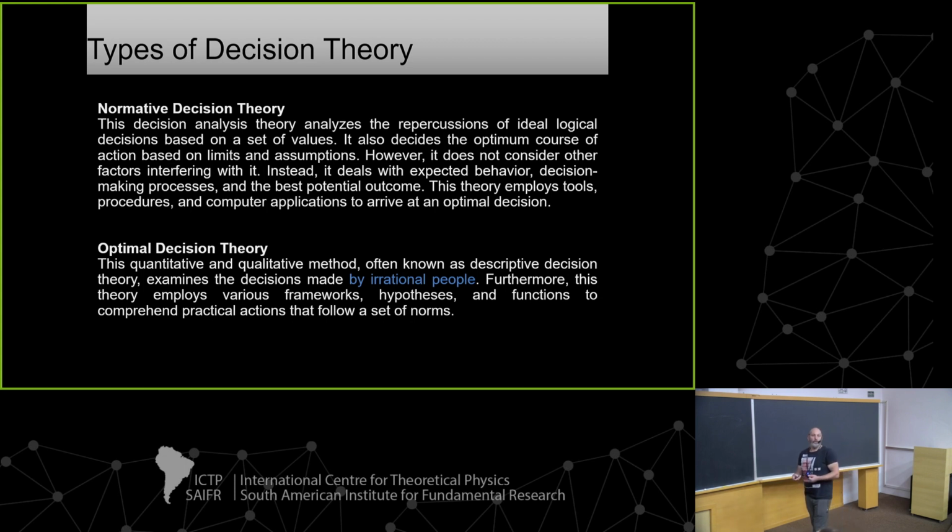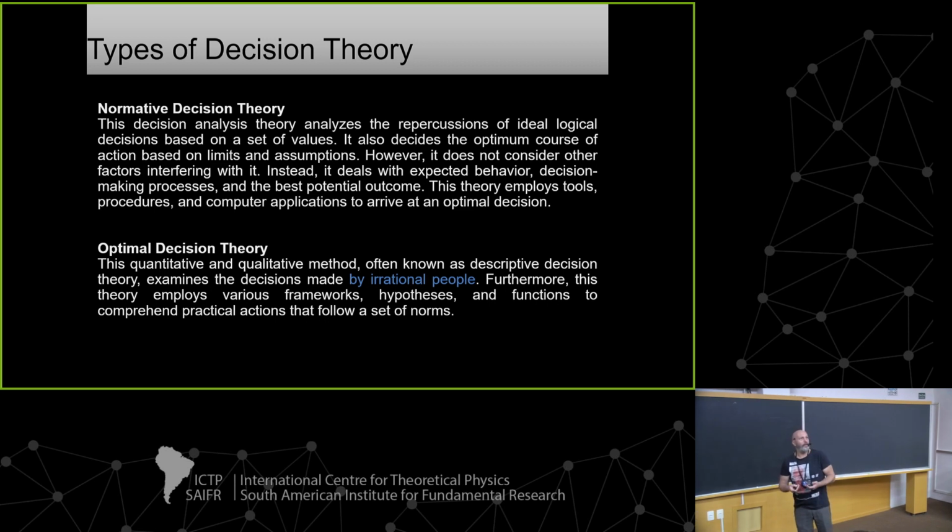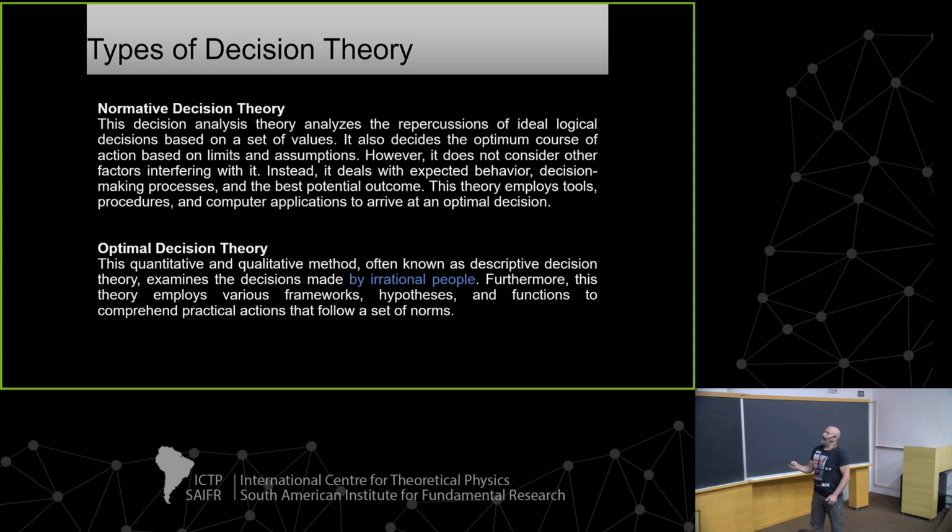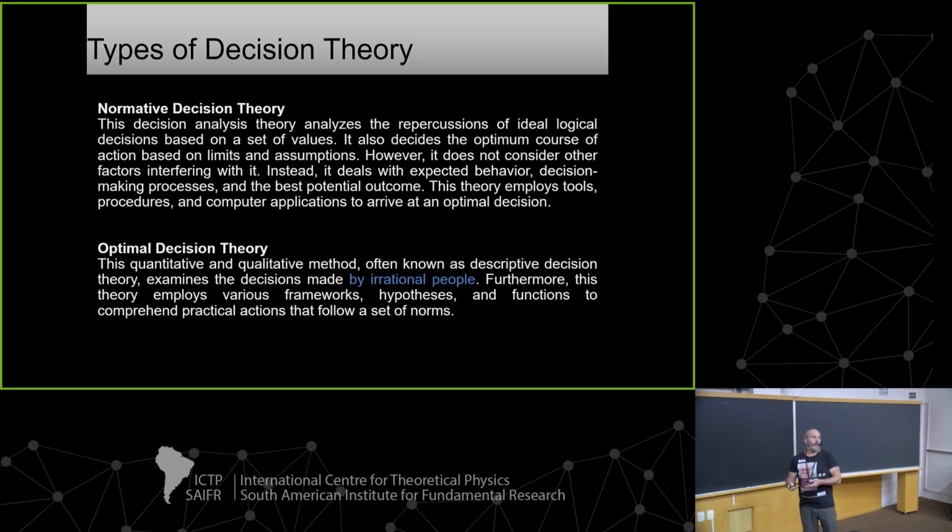If we are going to make a model, is it enough to consider just this normative decision theory, or do we need to look ahead and put different things into our model? So this is something that I want to discuss with you. Yes.